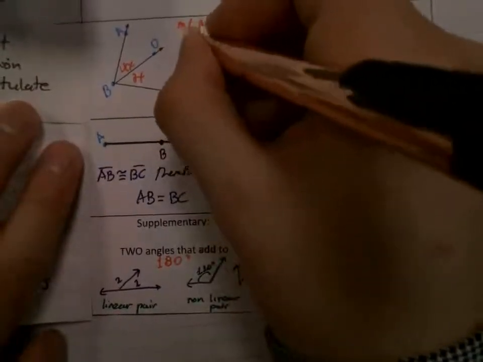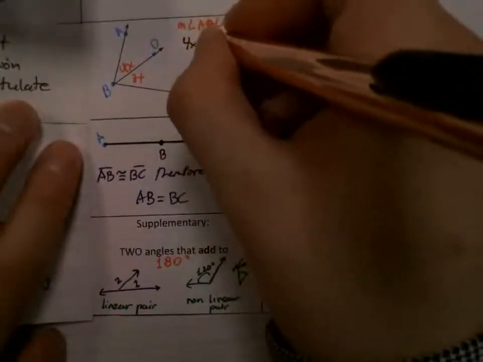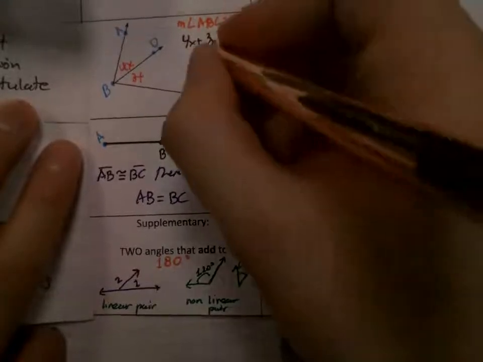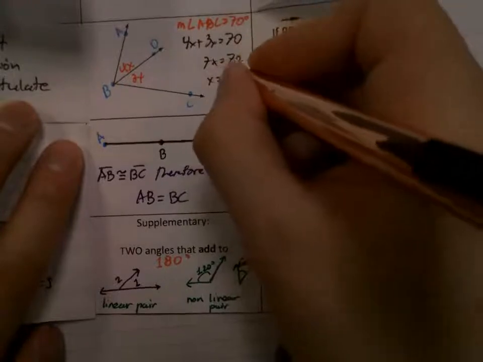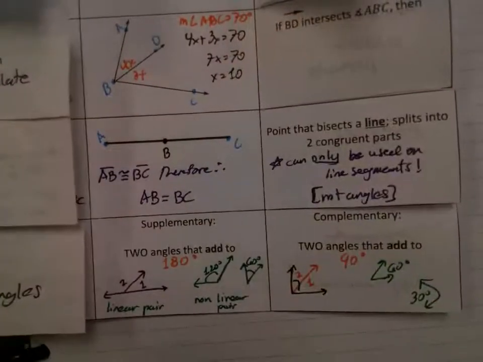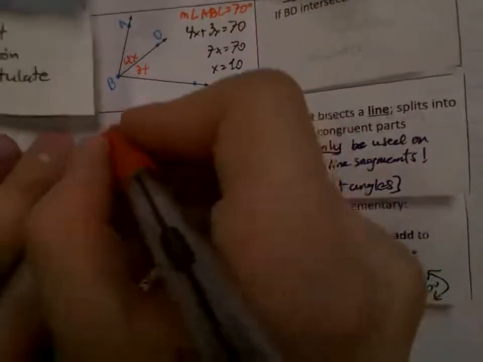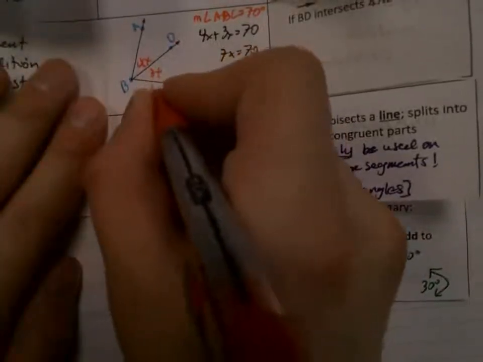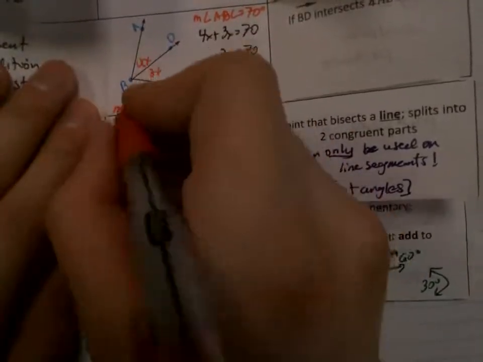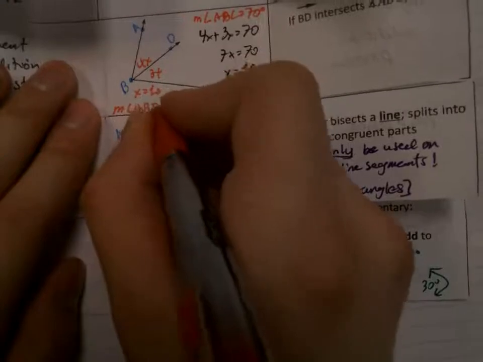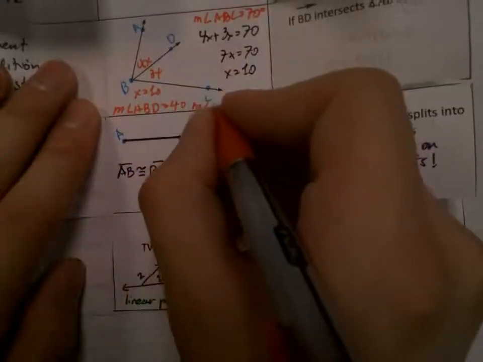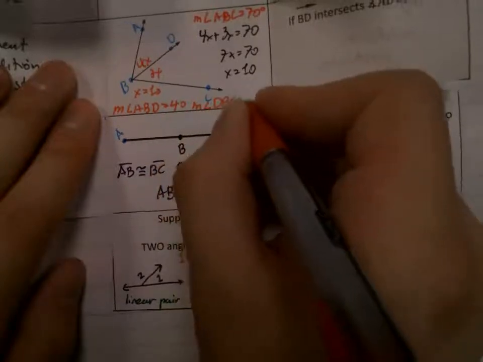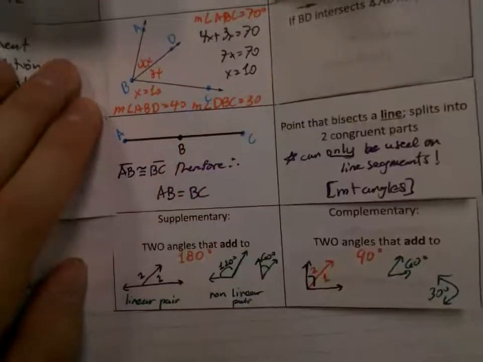I can just say that 4x plus 3x equals 70, 7x equals 70, and therefore x equals 10. Thus, if x equals 10, the measurement of angle ABD is equal to 40, and the measurement of angle DBC is equal to 30.